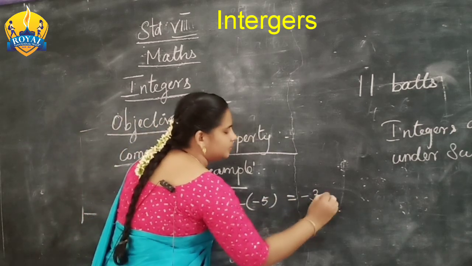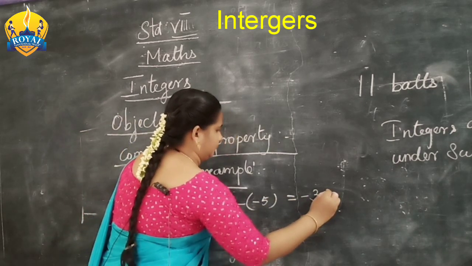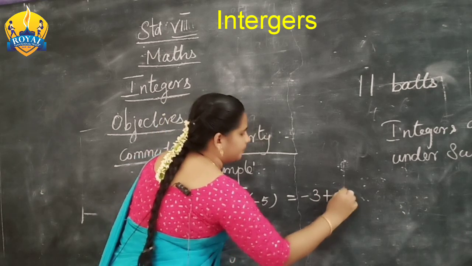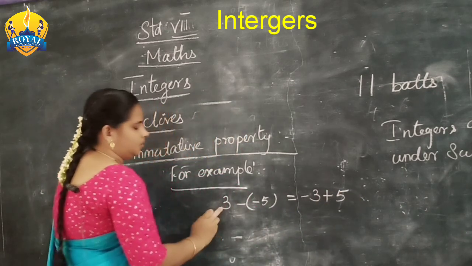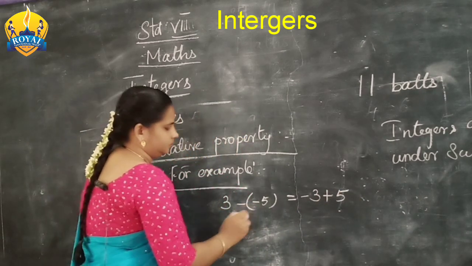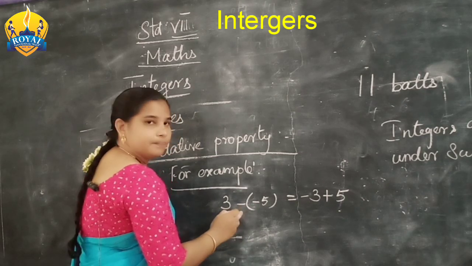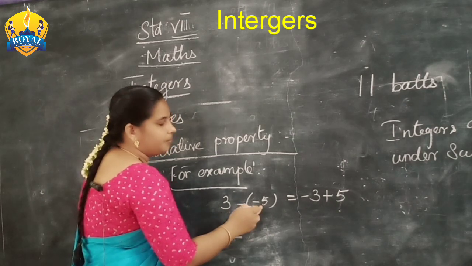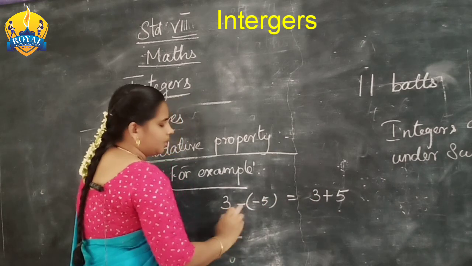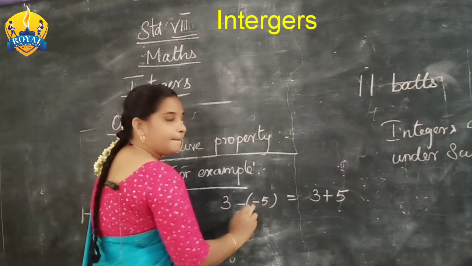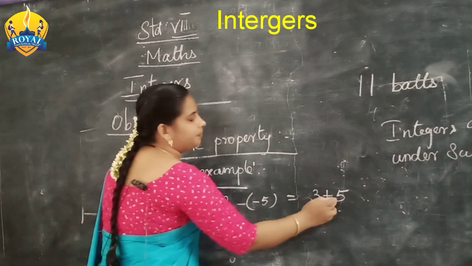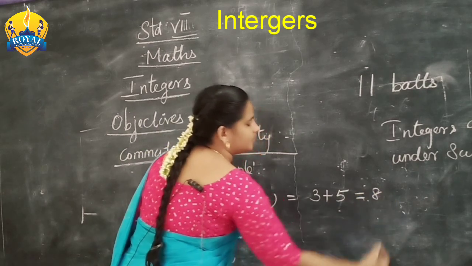Minus 3 plus 5, no, 3 minus of minus 5. So minus of minus is plus. 3 plus 5 is 8.